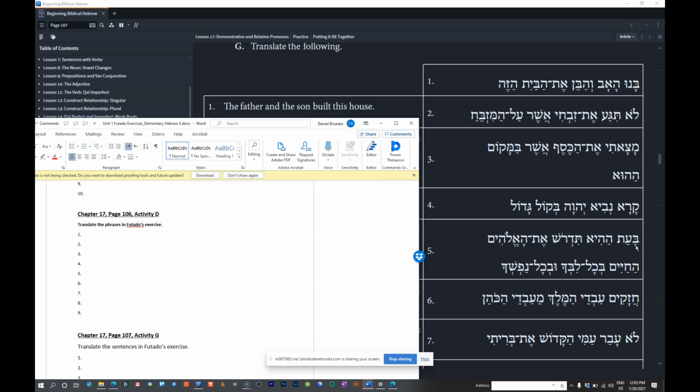And that makes me think maybe I have a definite article here. Now, the definite article is patach dagesh, not kametz, except the ayin as a guttural can't take a dagesh. And so when you get this situation, often when we lose the dagesh because of the guttural, the patach will lengthen to a kametz. So we have here in the time or at the time, something like that.